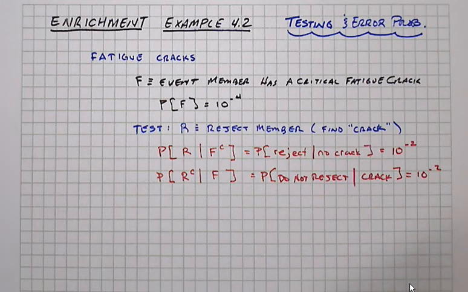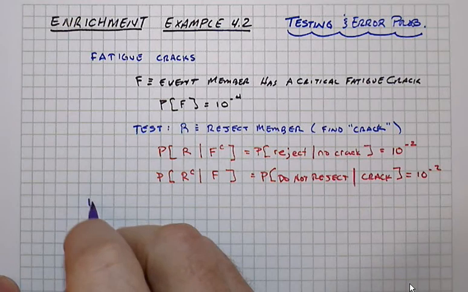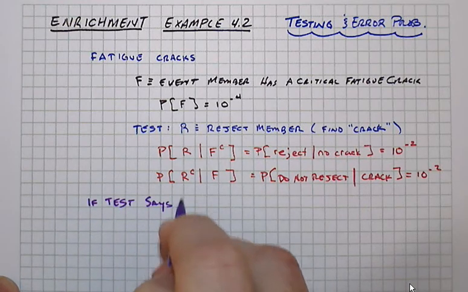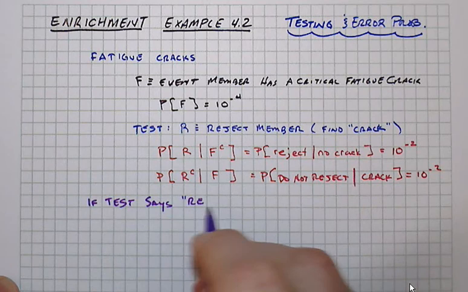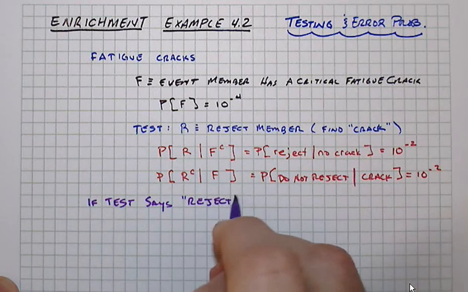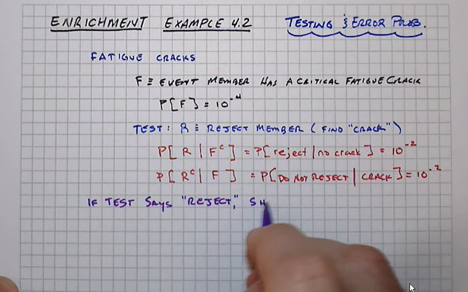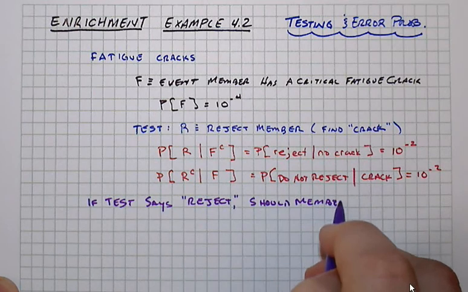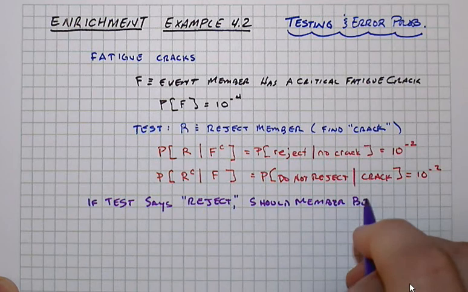So we're going to ask the question then, if the test says reject, should the member be rejected? Should we test?